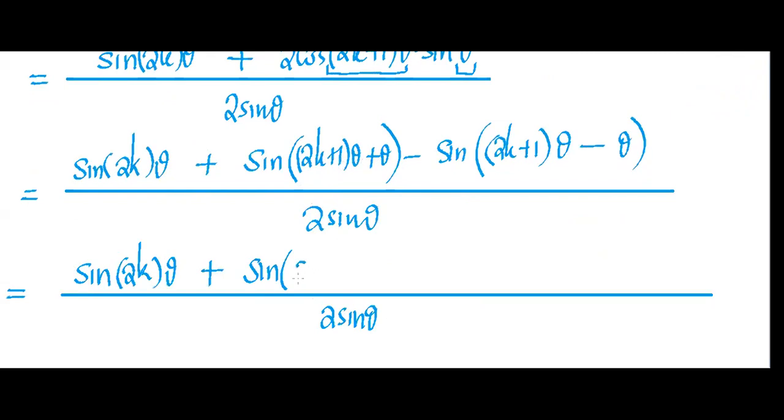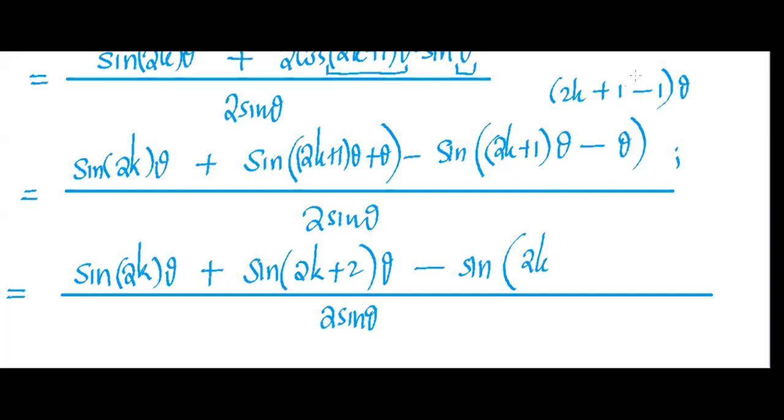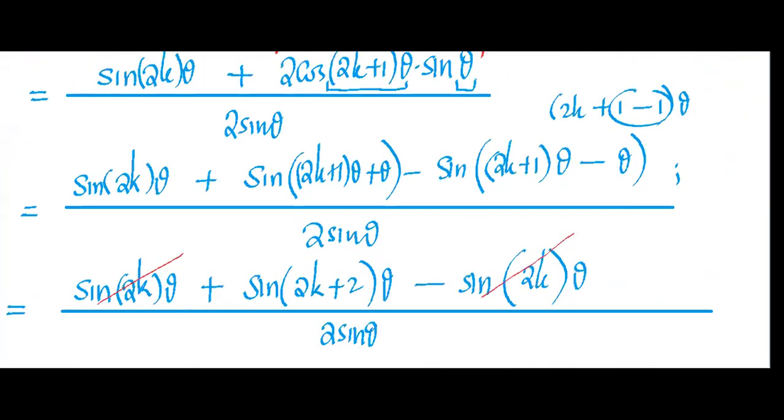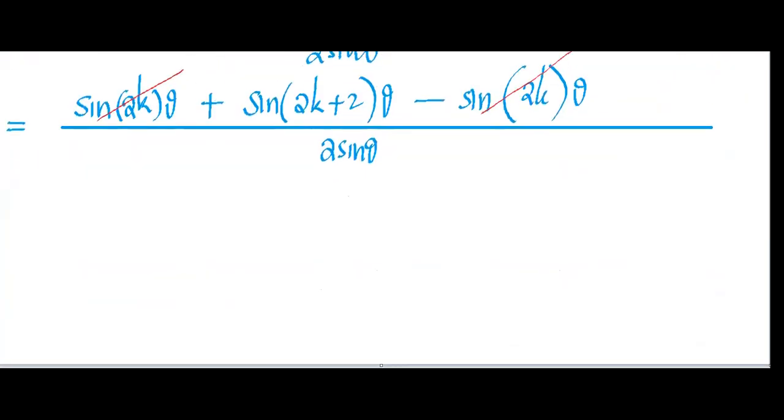When you realize that this is 2k plus 2 theta, minus sine of 2k, this is the same as 2k plus 1 minus 1. When you again put out that theta, that 1 cancels, and sine 2k theta will go. The learner will have no choice but to write the same term as it is in the right-hand side.